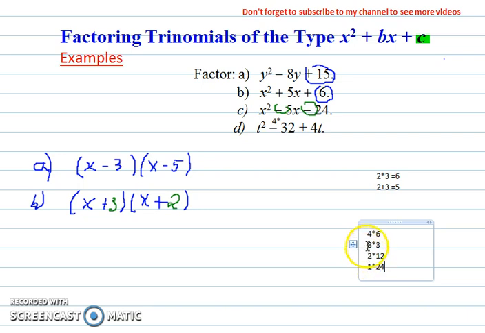But we see 3 and 8. If we use negative 8 times 3, that would give us negative 24. And when we do negative 8 plus 3, it would give us negative 5.